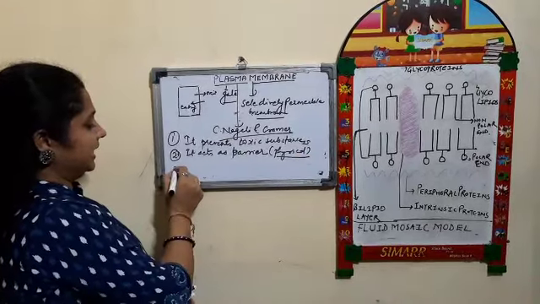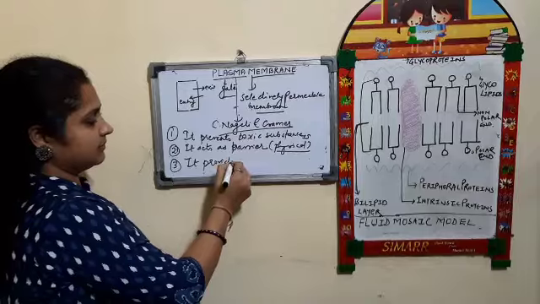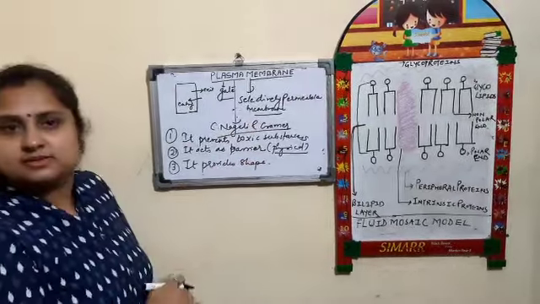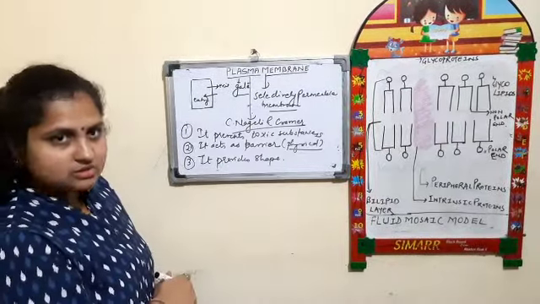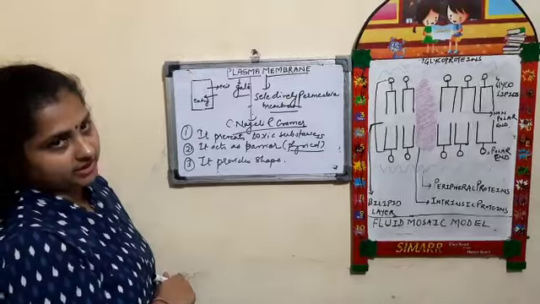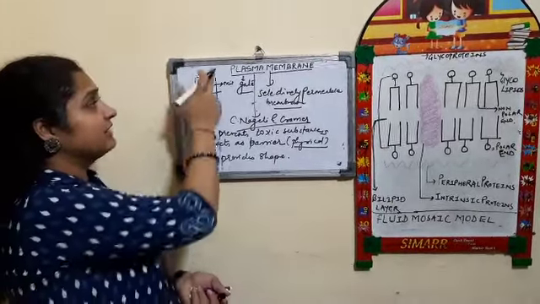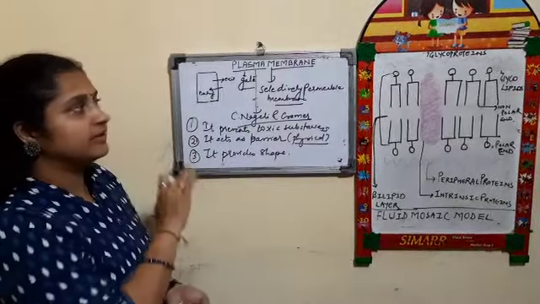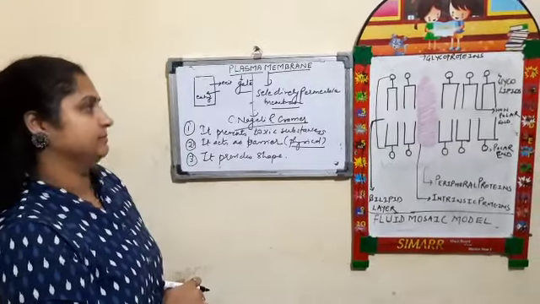And it provides shape to the cell. So these are the basic things which we have studied earlier also, and I am trying to tell you again. And I also told you that in plant cells they have an additional covering which is called the cell wall. But right now we are going to continue our topic on plasma membrane.